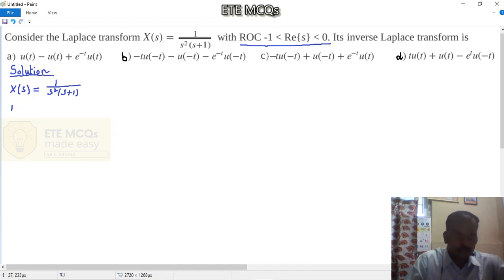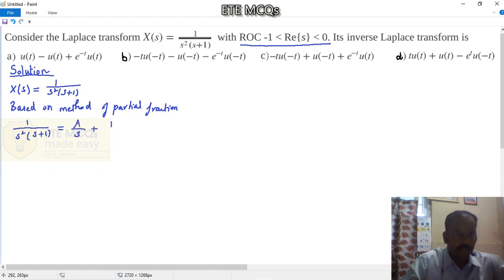Based on the method of partial fractions, the right hand side, 1 by s squared into (s plus 1), can be rewritten as A by s plus B by s squared plus C divided by (s plus 1), where A, B and C are arbitrary constants.